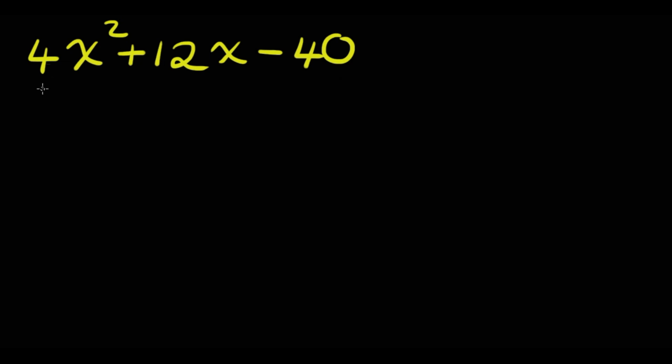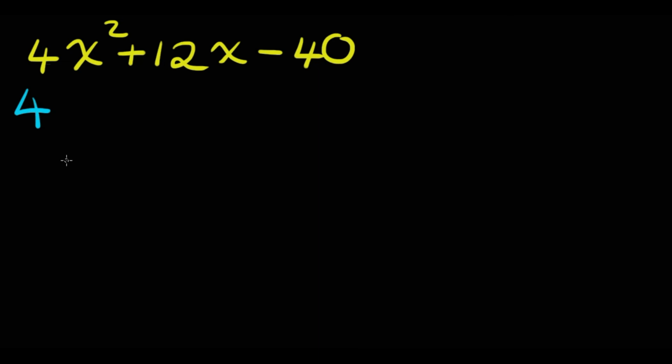But we can break it down. It looks like 4 is your greatest common factor. 4 can go into 4, 4 can go into 12, and 4 can go into negative 40. So you can break this down by pulling out the 4.